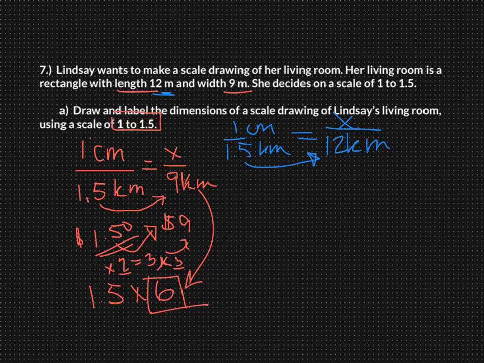How many 1.5s are in 12? Well, I've already done a lot of the work here. I know that two $1.50s gives me $3. There's 4 sets of those in 12.